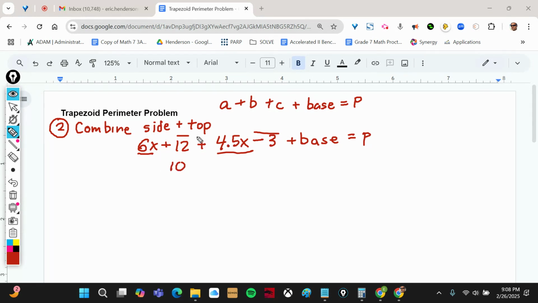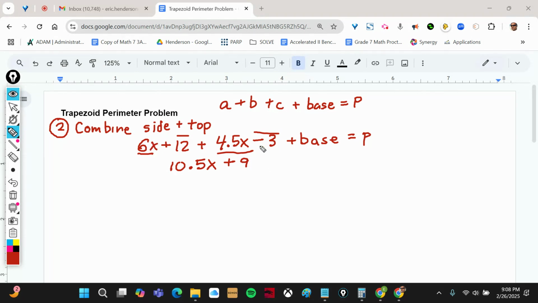Normally I would write the x's by the x's and the constants by the constants, but I'm going to skip that step to cut down on the writing. Then we combine the positive 12 and the negative 3, which is 12 minus 3, and that's 9. The 12 is the larger number, making this positive.